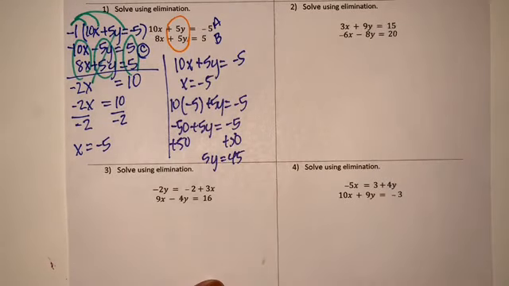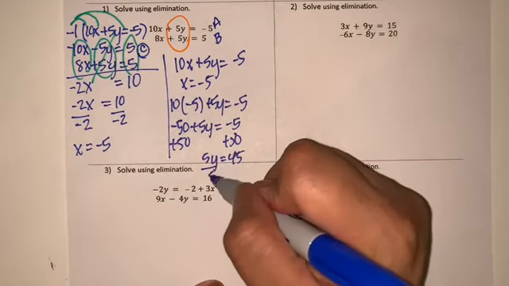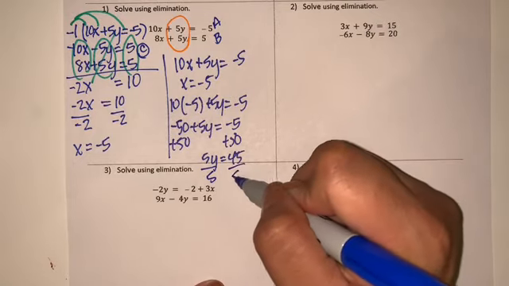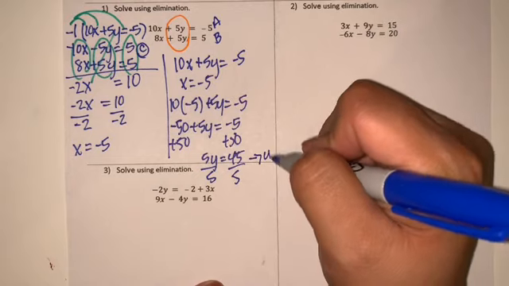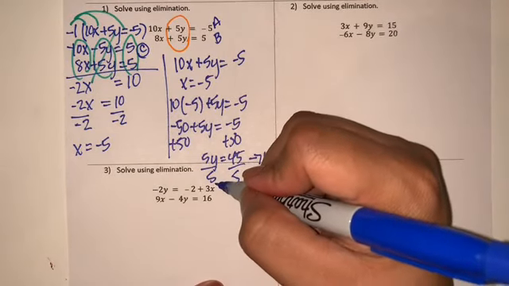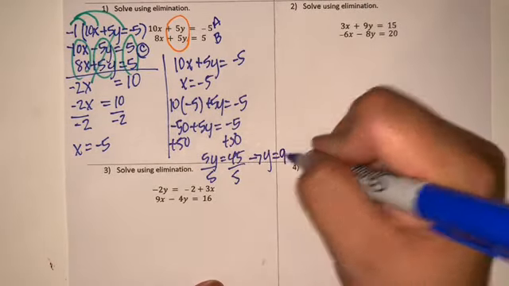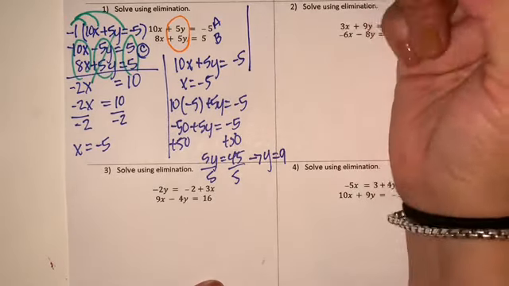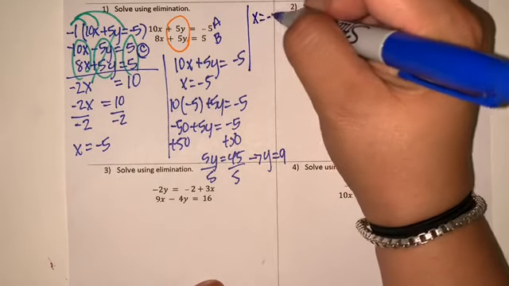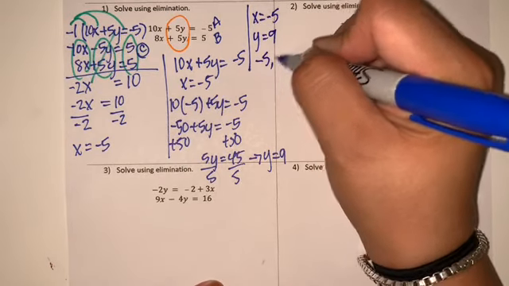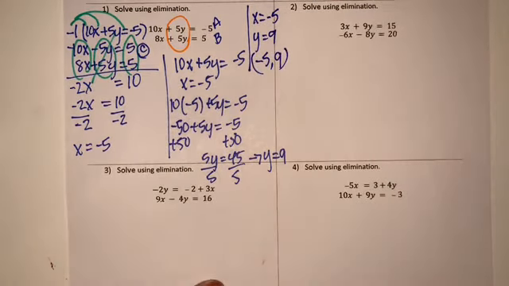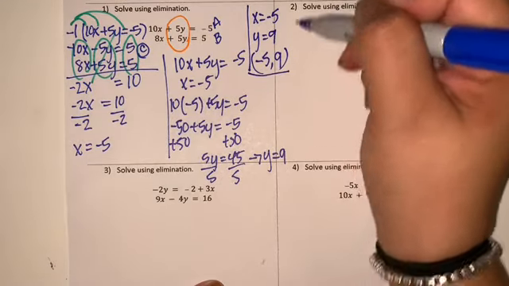I'm going to divide both sides by 5. And then you're going to say that y equals 9. So here's my solution. X equals negative 5. Y equals 9. Negative 5, comma 9.